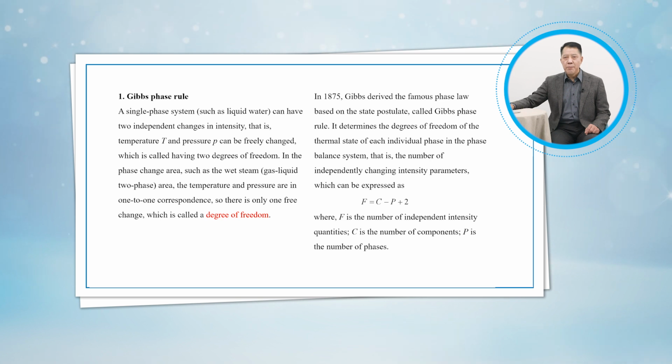Therefore, one property is sufficient, like pressure or temperature, to determine the water liquid-vapor mixture. Another important result of Gibbs rule is the maximum possible phases with the constraint of F.